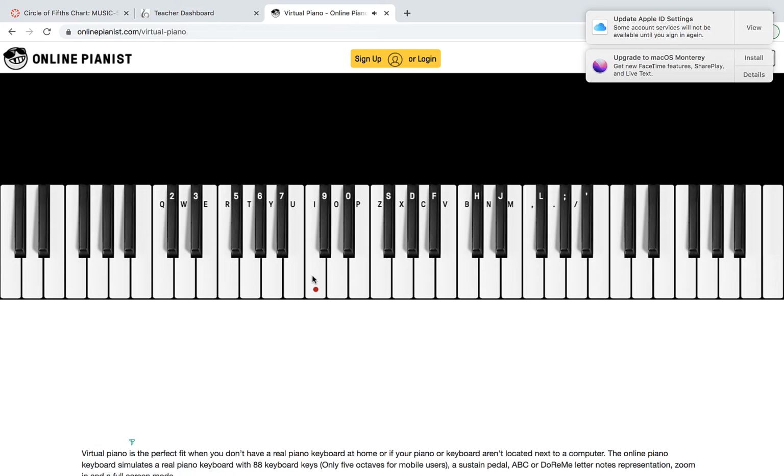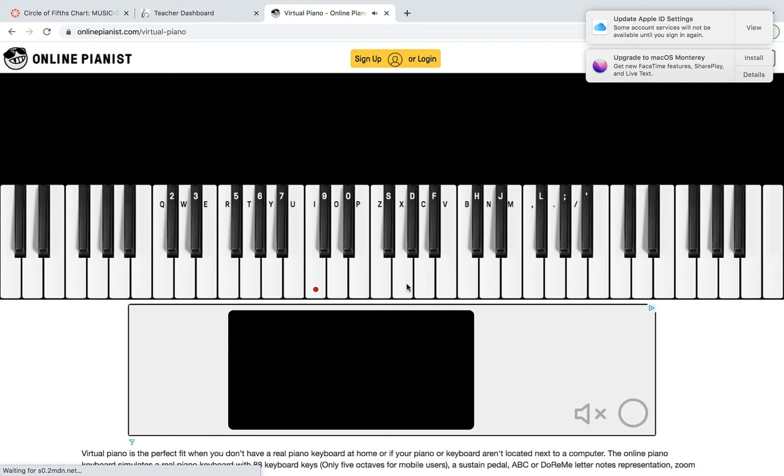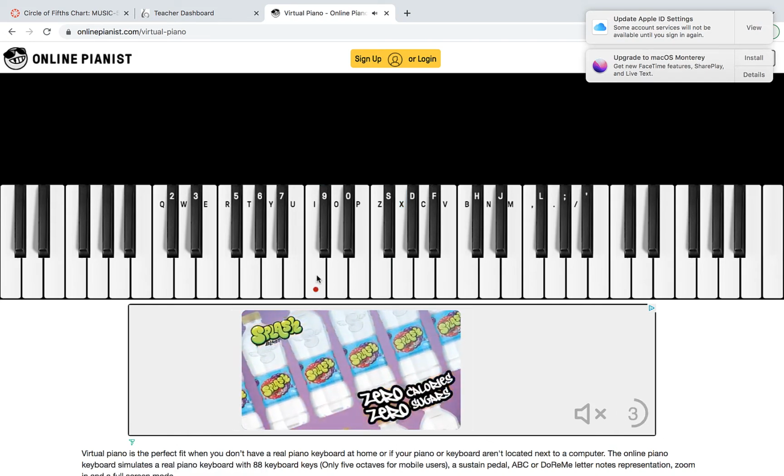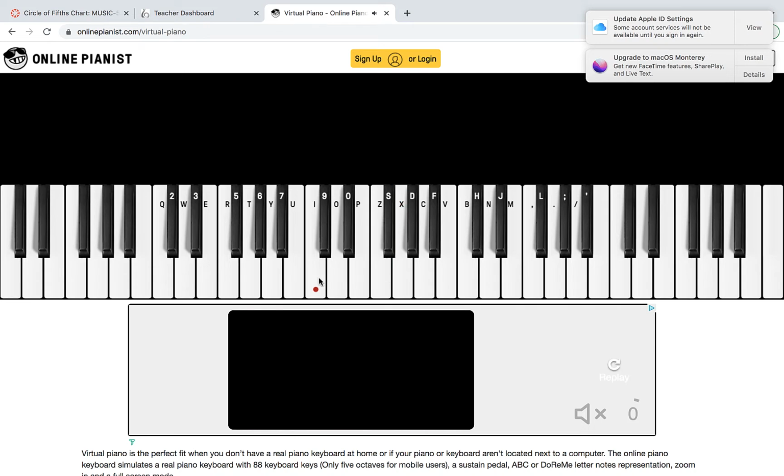So this interval, the fifth, that's a super strong sound wave link.